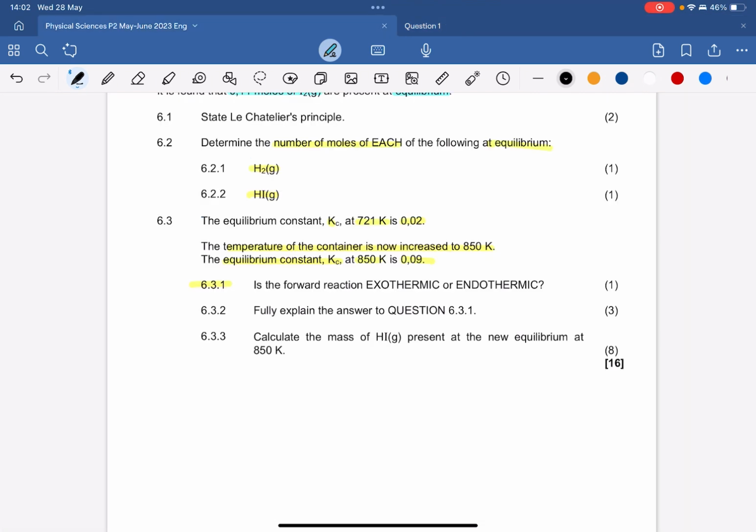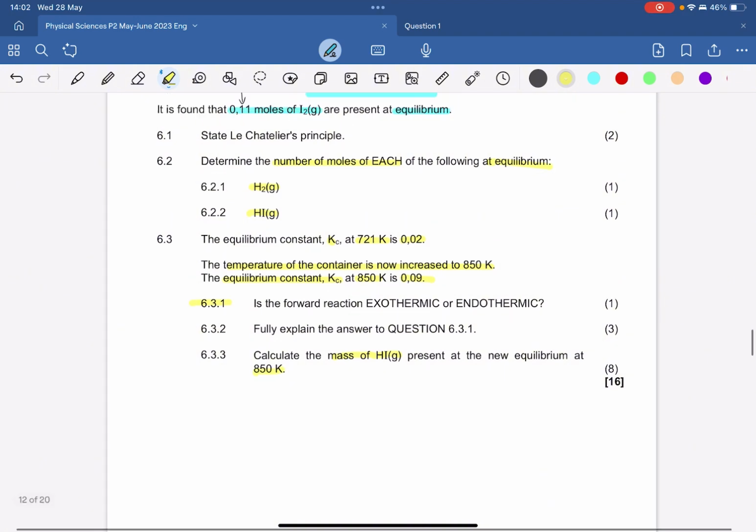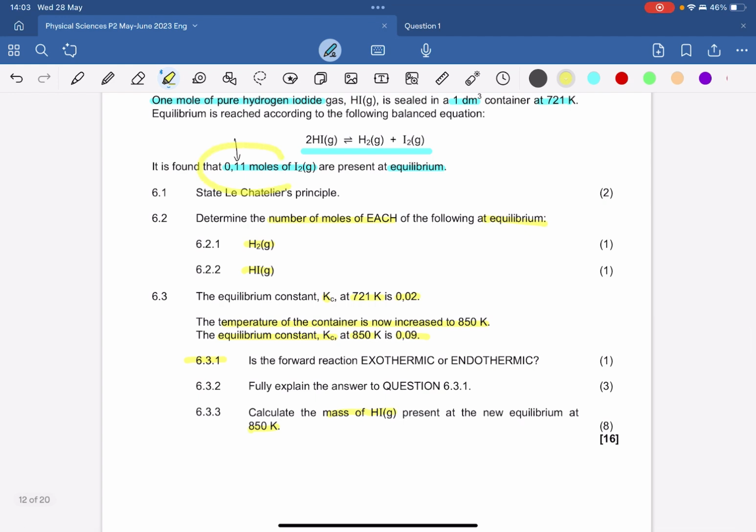6.3.3 is then asking us to calculate the mass of the hydrogen iodide present at the new equilibrium at 850 Kelvin. All right, so now we can't use these values of 0.11 at equilibrium because that's the old equilibrium.